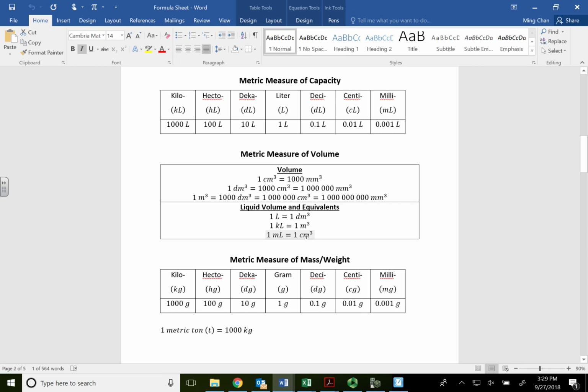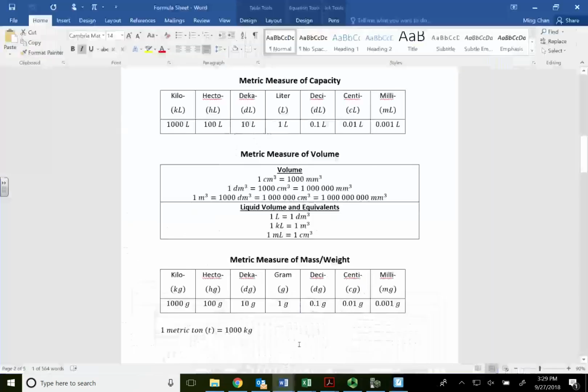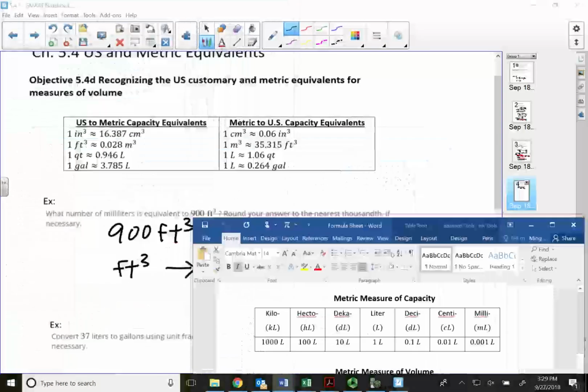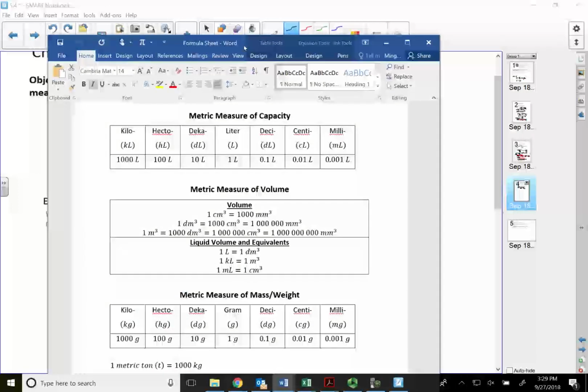So once I'm at cubic meter, I need to convert to milliliter.